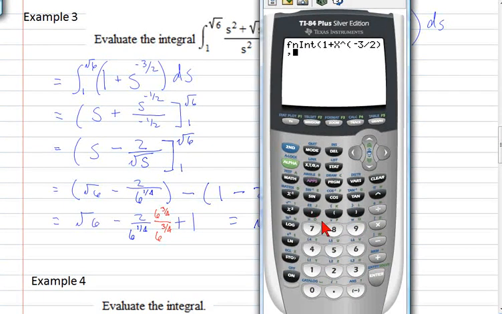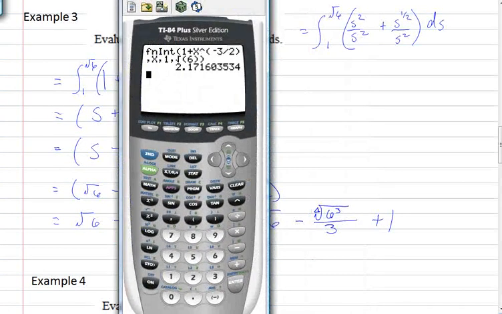Okay. Then you're taking the integral with respect to x, comma, your lower bound here was 1, comma, the upper bound is the square root of 6. Okay, hang on. I'll look just a second. So we get 2.171.